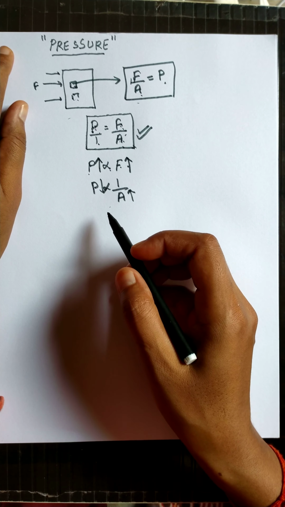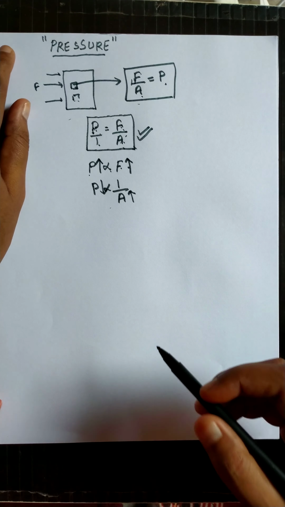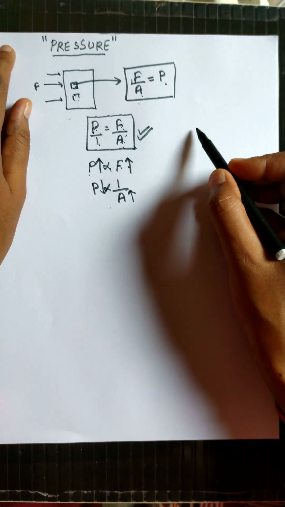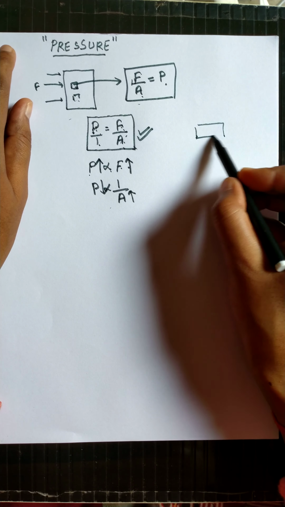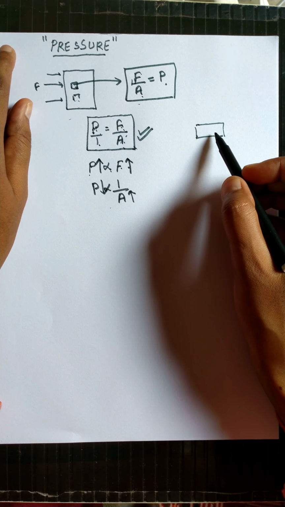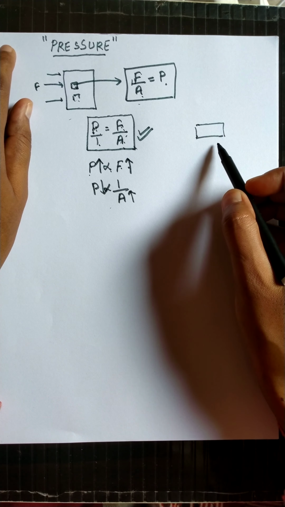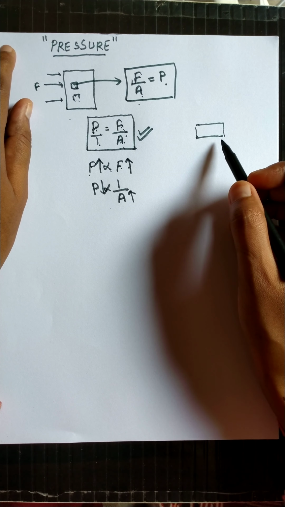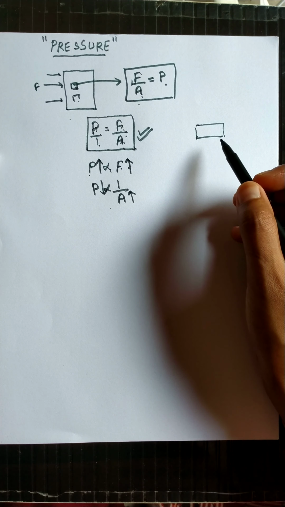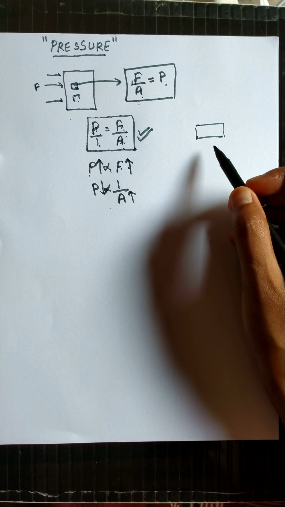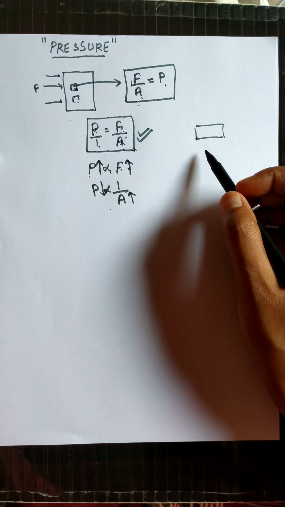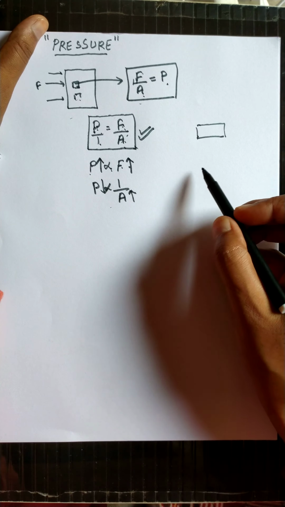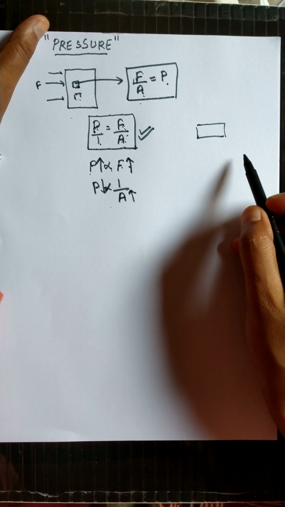Now students, let's discuss some examples. Like, we have a rubber and we have to cut it with a knife. Or we can have a vegetable, a potato, and we have to cut it with a knife. Students, you know that a knife has two ends: one is the blunt end.